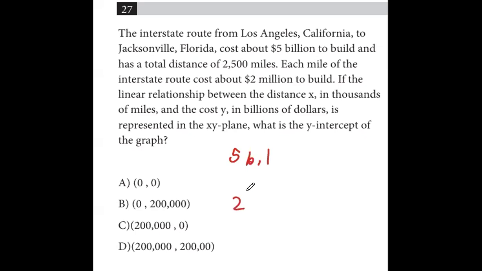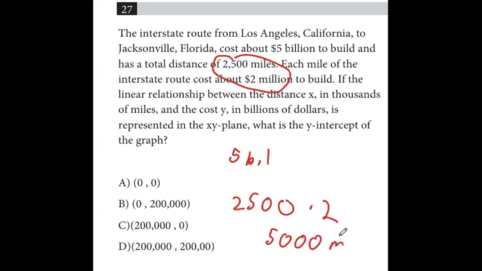So 2,500 times 2 million gives us a total cost of 5,000 million, which is 5 billion. It also says that the total cost is 5 billion, so that means there's no initial cost. So the correct answer is A, (0, 0).